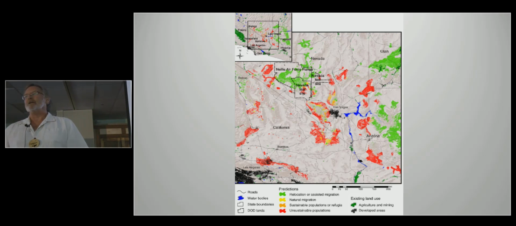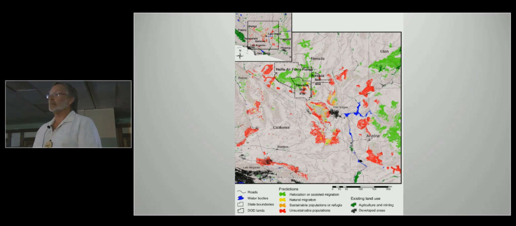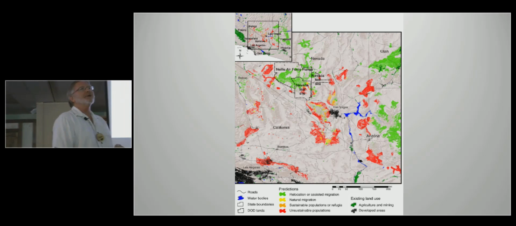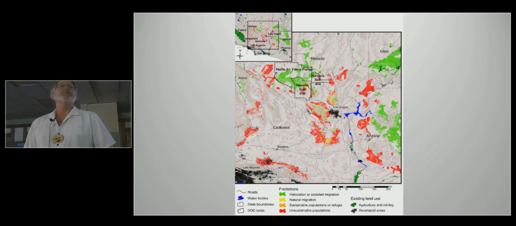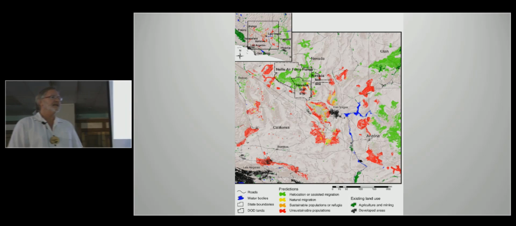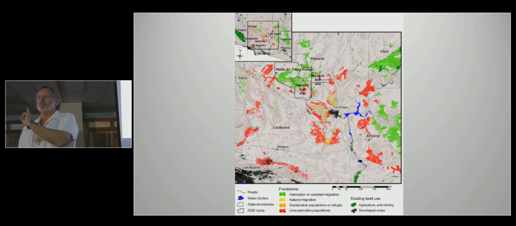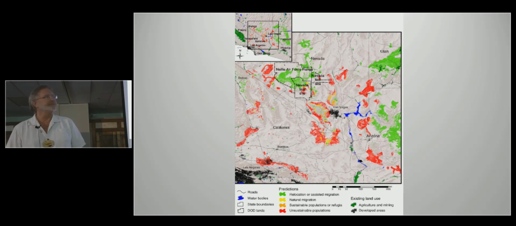You validate a model by going out on the ground and saying, they're here. Or if you're concerned about climate change, you go out and say, not only are they here, but they're breeding like crazy. This is a good place. And every one of you can play a role in that, and it's an extremely important role.